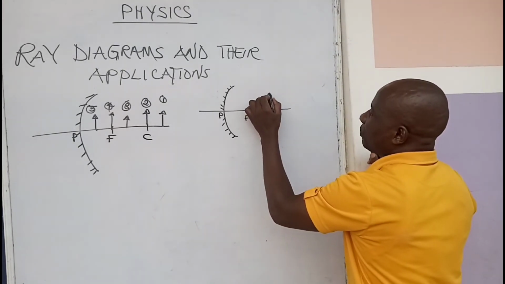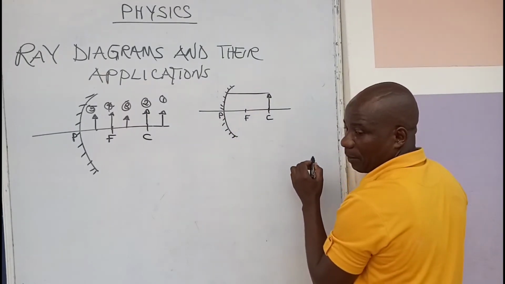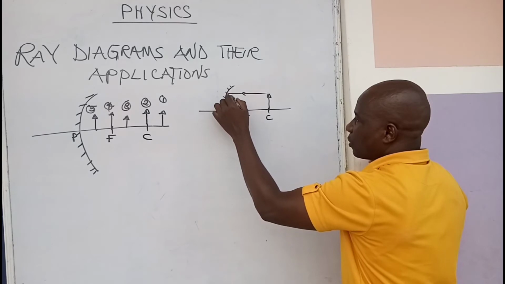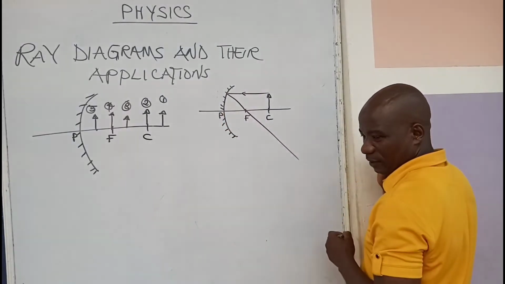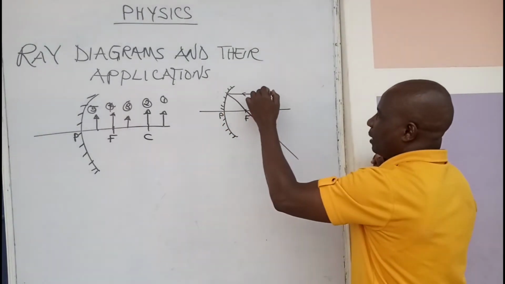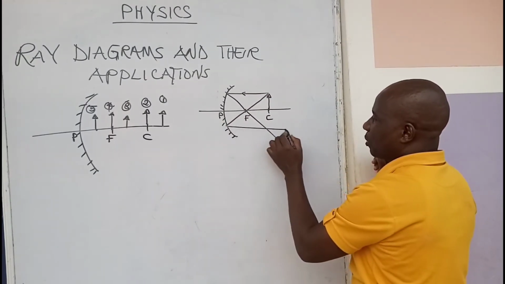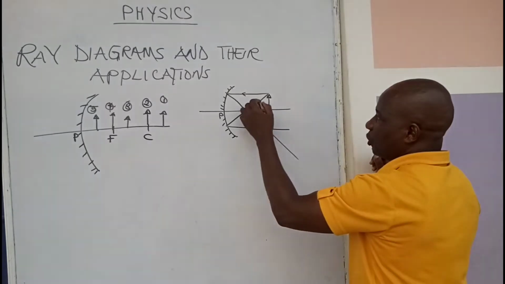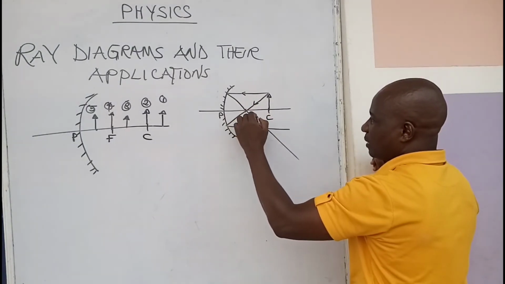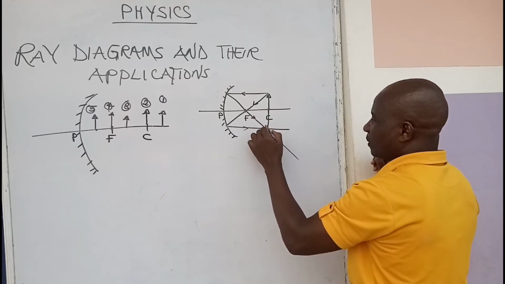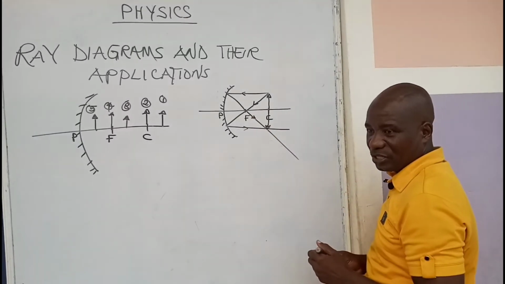Well, let us now see. The first ray, parallel, where will it pass? It's going to pass through the focus. The next one passes through the focus. Where will it go? You have to indicate. Do you see?